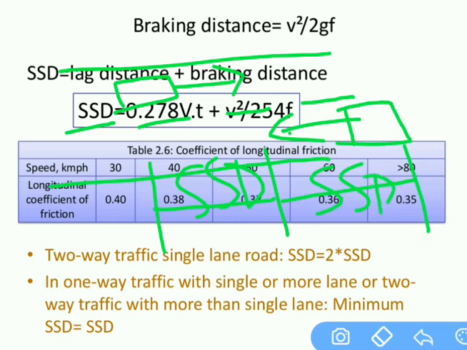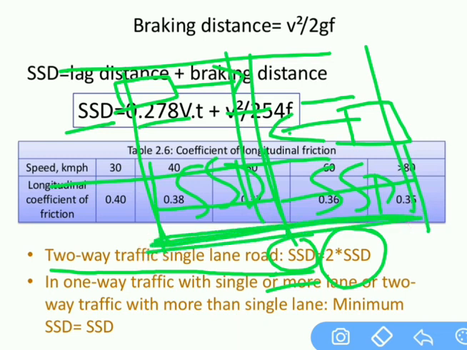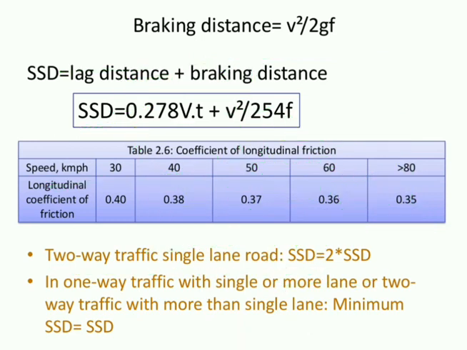So if the question gives two-way traffic with a single lane road, then in that situation the SSD value will become 2 into SSD. Why? Because for this vehicle this is the SSD, and for that vehicle that is the SSD. So the total SSD for this condition is SSD plus SSD, 2 into SSD. That's it.